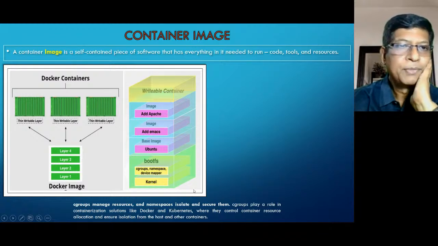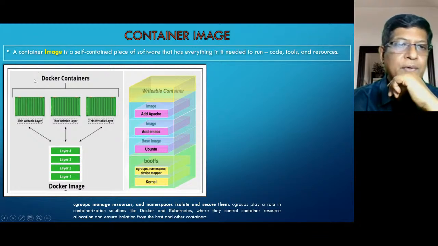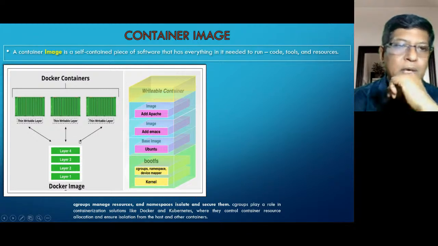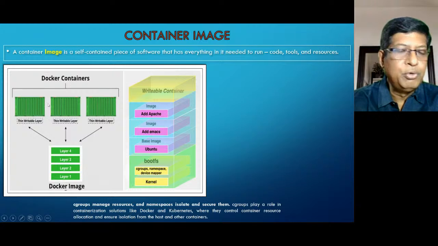What is happening? Let's say this is a system, this is a Linux environment, with a Docker engine, and you have Docker containers. You can see this is like a huge container.